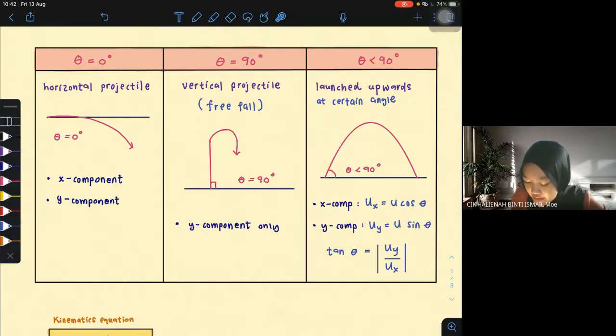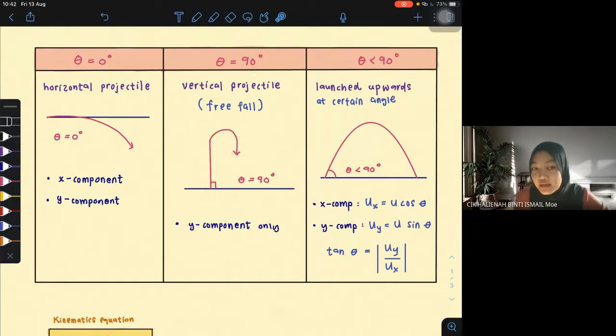Okay, the next one is when the angle is 90 degrees, or we call it vertical projectile or free fall. So how does this happen? Usually we have an object that shoots straight up, straight at 90 degrees, and then it falls back down.